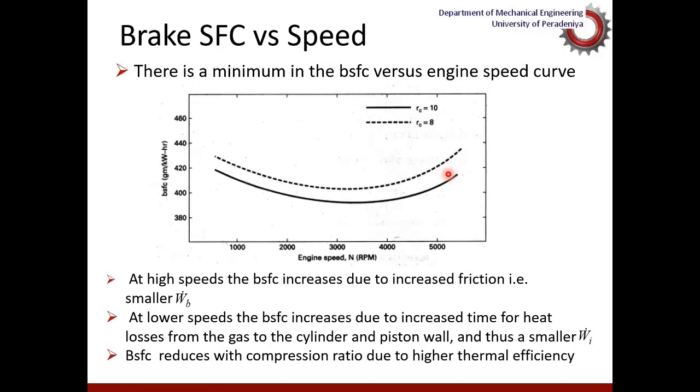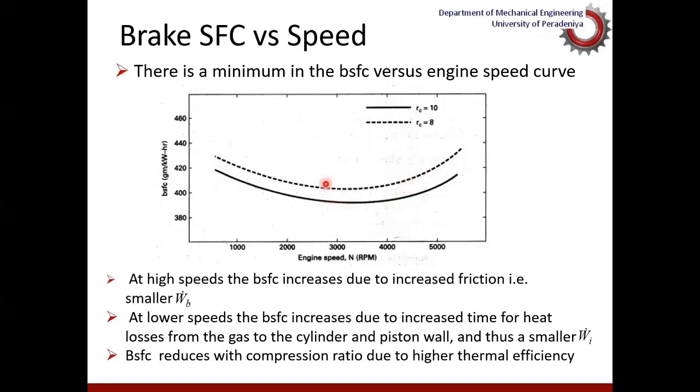And at low speeds, the engines operate slower, therefore there is more time for heat to escape from the engine. So heat transfer is more because the gases are in touch with the walls of the cylinder more time than when the engine runs at higher speeds. Accordingly, the heat transfer is more at low speeds than high speeds. Accordingly, we could exhibit this kind of variation. More brake specific fuel consumption at low speeds as well as high speeds.